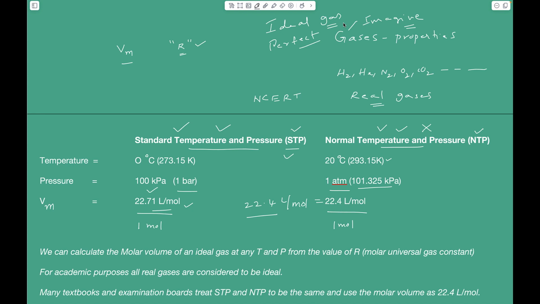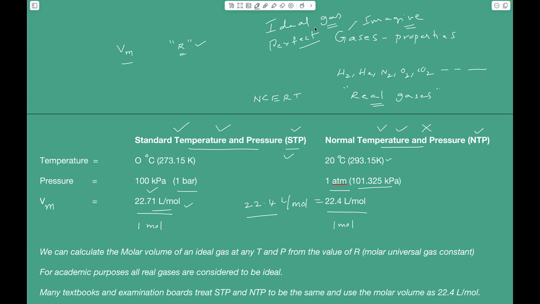But for our academic purposes, though real gases are not ideal gases, we treat them as if they are ideal gases unless otherwise specified.